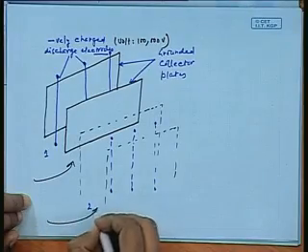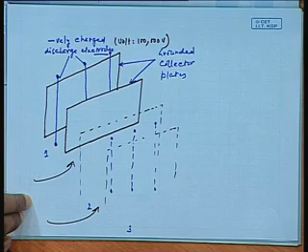So heavily charged electrodes and grounded collector plates would be used, through which the air would be passed. You can see the movement of air would be from here.